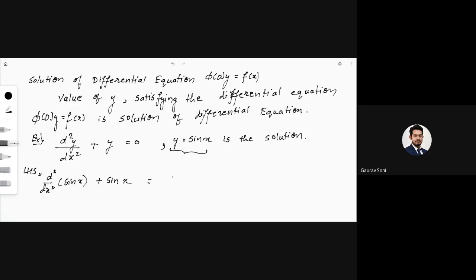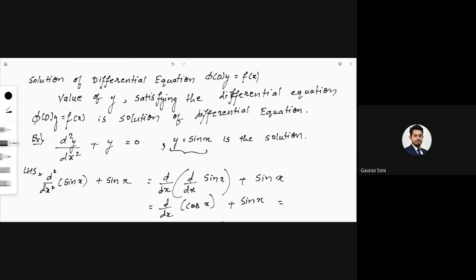Now let's take 2 times derivative, d by dx in bracket d by dx of sin x, plus sin x. So derivative of sin x is cos x. So d by dx in bracket cos x plus sin x.